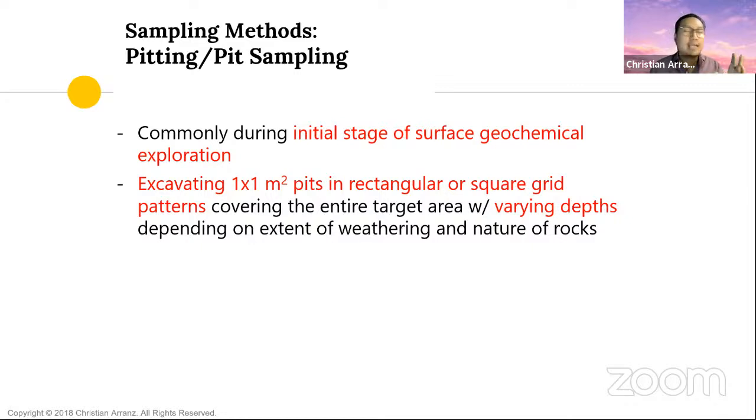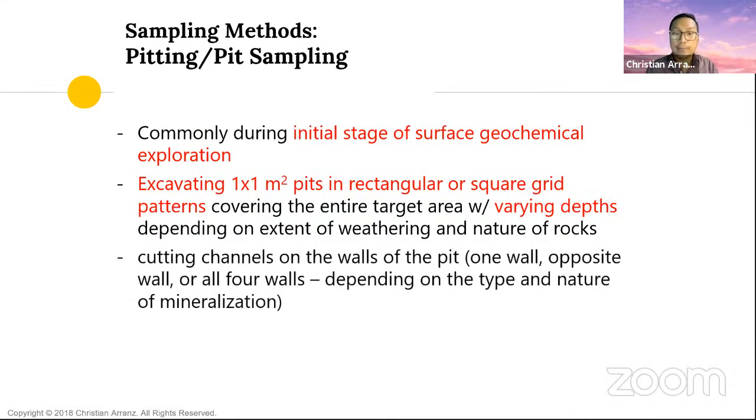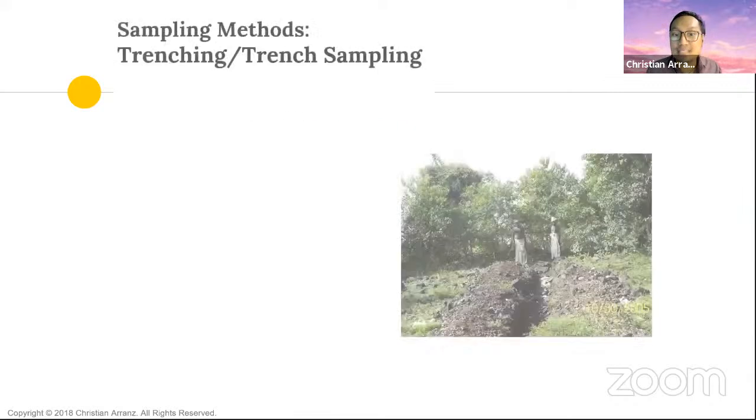It can be like a cube, and then you get the samples from that area. You dig pits every so often, and then you can also do what some others do. When they get into the pit, they get samples from the 4 walls, and then those are the samples that they get. Okay. I think that's simple enough.